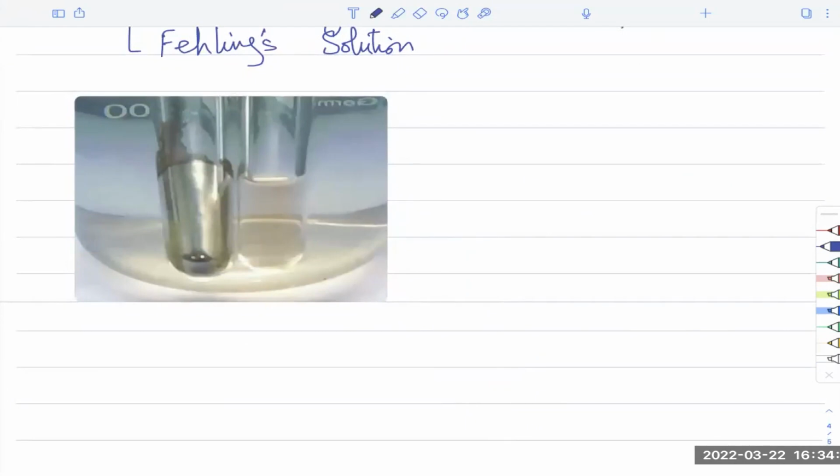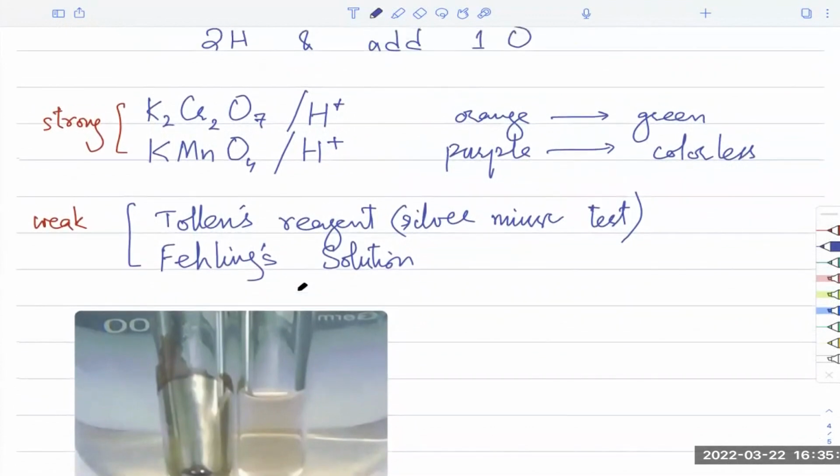There you can see that on the right side it is the way it's originally, and on the left side you see a silver mirror being formed. Okay, and you will see in A2 how this is made and what exactly makes it go from this situation to forming a silver mirror. But right now, just know the color changes, that if it is successfully oxidizing something, it will go from colorless to silver mirror.